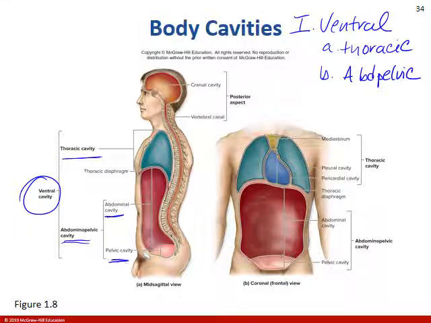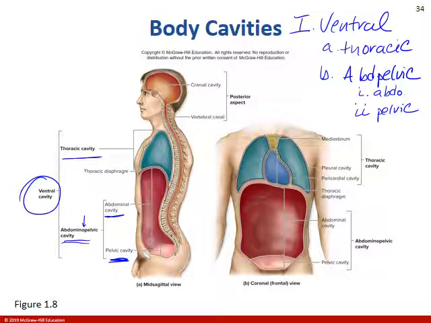What can we break the abdominopelvic cavity into? Anytime you see that O, that's kind of a joining of two words. We'll see this again when we look at joints. So under abdominopelvic, we have the abdominal cavity, and then we have the pelvic cavity.